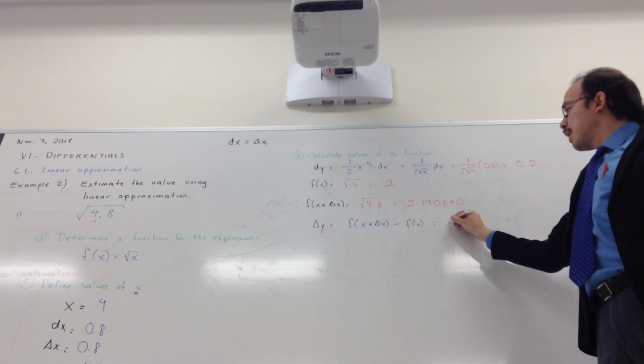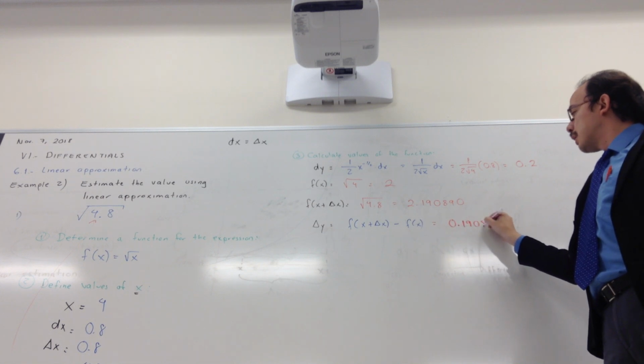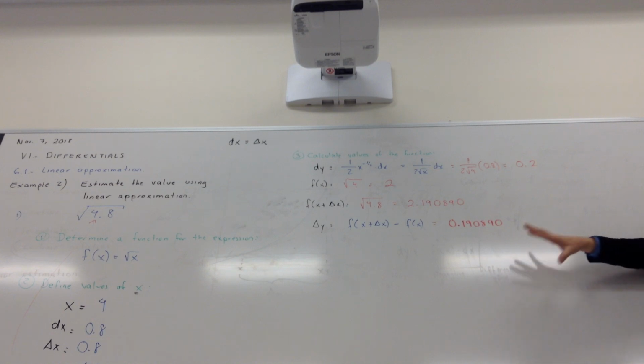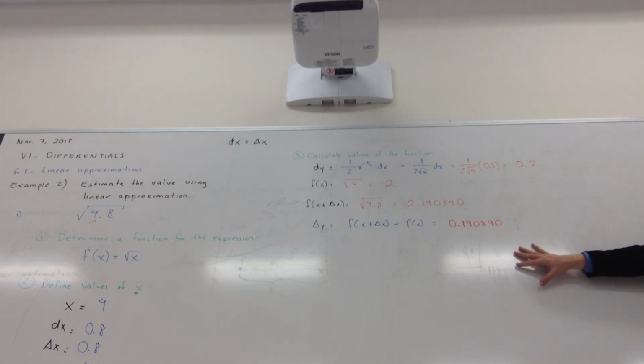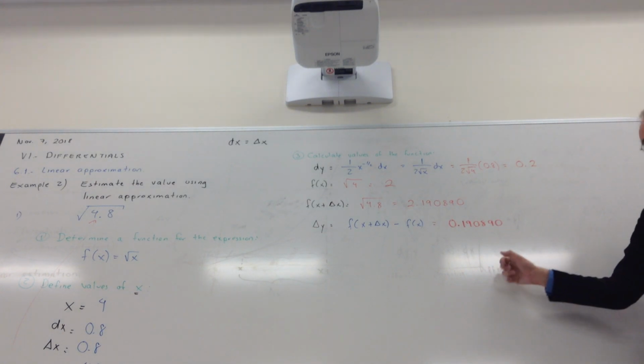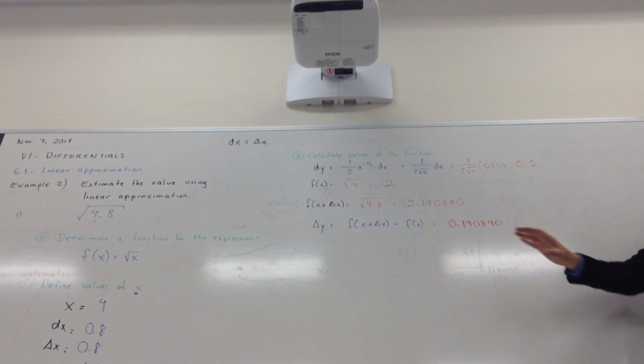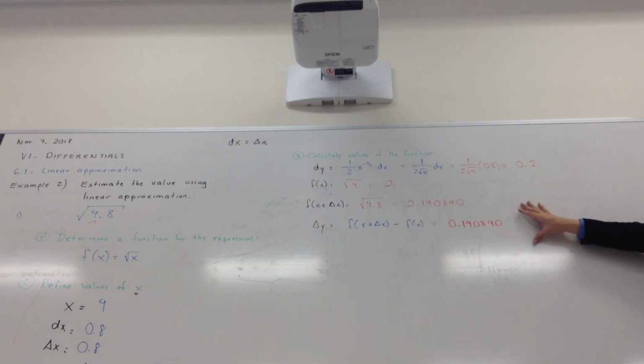Minus this. So it's going to be 0.19089. Do you understand why? Is that the approximation? No, I haven't finished it. Questions so far? No.